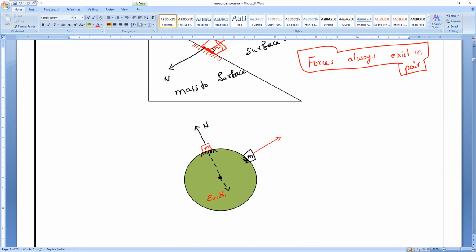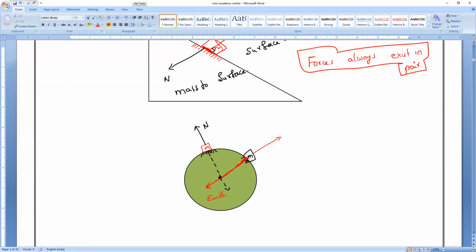The normal reaction exerted by the mass on the surface will also pass through the center. Understand? So forces always exist in pairs. That is what you have to remember.